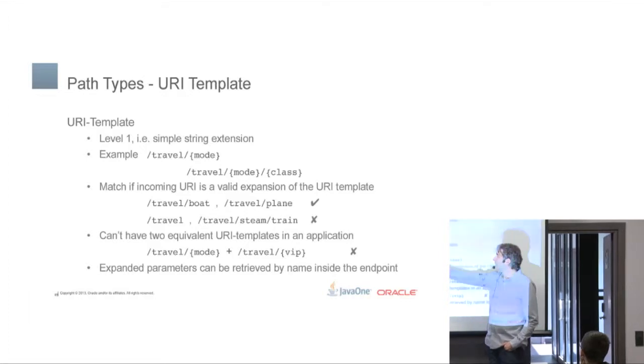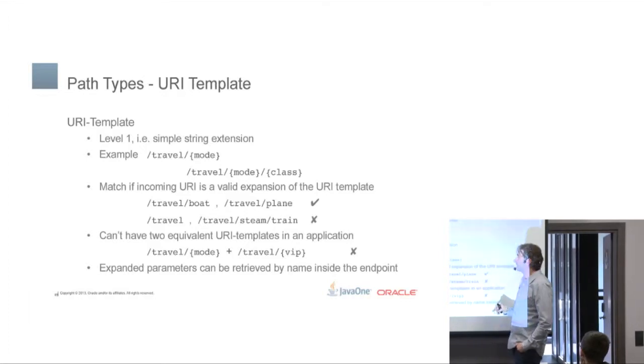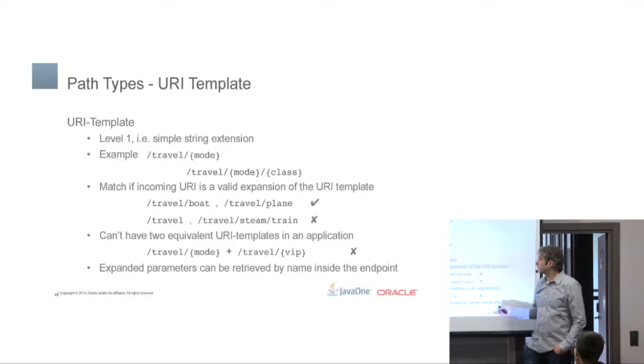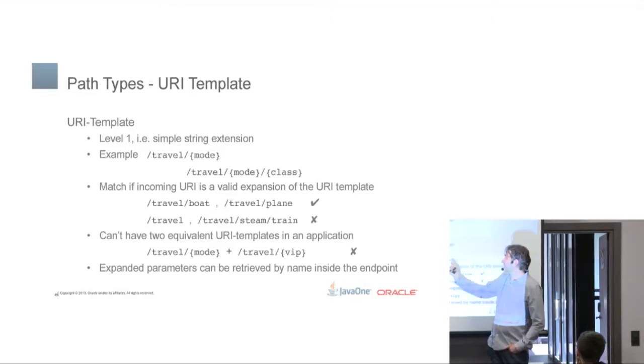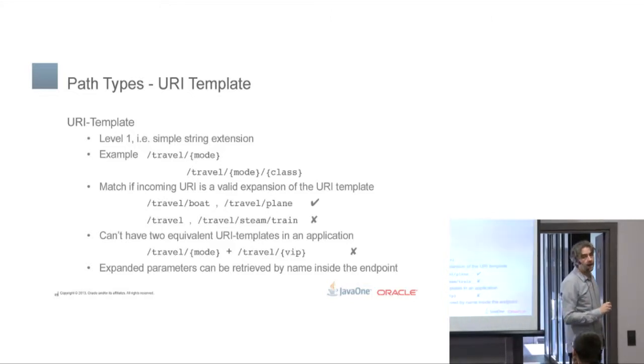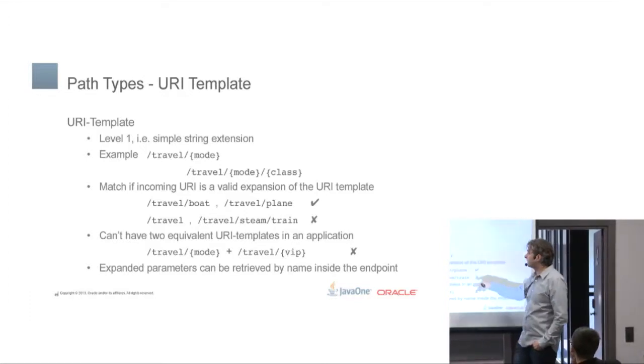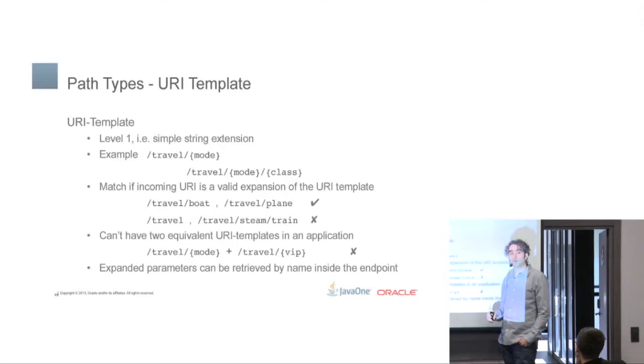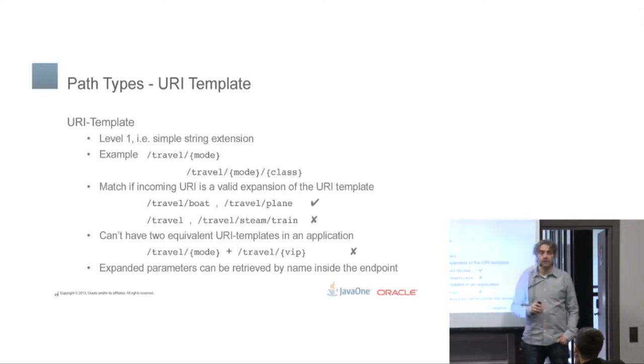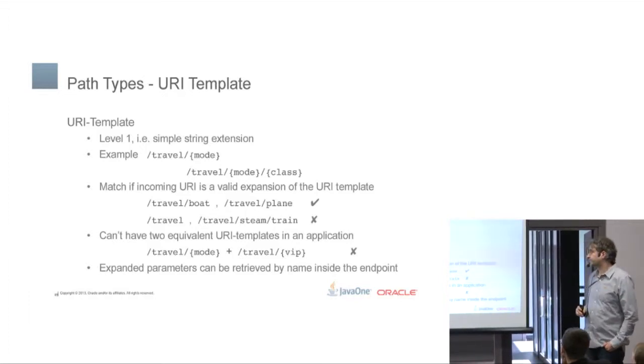Travel/{mode} is my template. I can combine them: travel/{mode} is my first template and {class} is my second template. And obviously, I will be able from my code to get the values that are being passed whenever there is a WebSocket client connected to that URI.